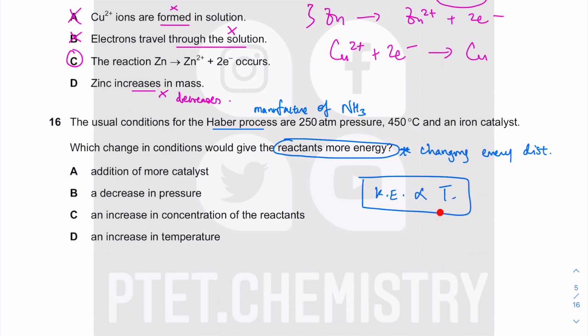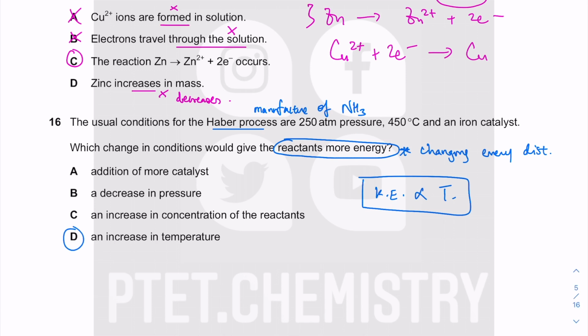In A level it will make more sense, but even in O level, temperature is defined as a measure of the average kinetic energy. If you want more energy, you have to change temperature. Changing any other thing will not affect the amount of energy you have. You can change pressure or concentration, and they will affect collision frequency, but they will not change your energy distribution. Only temperature will do that.